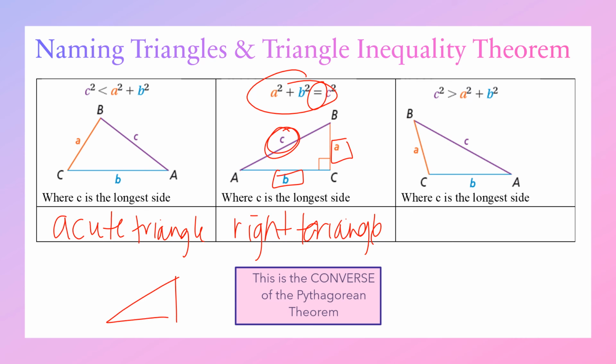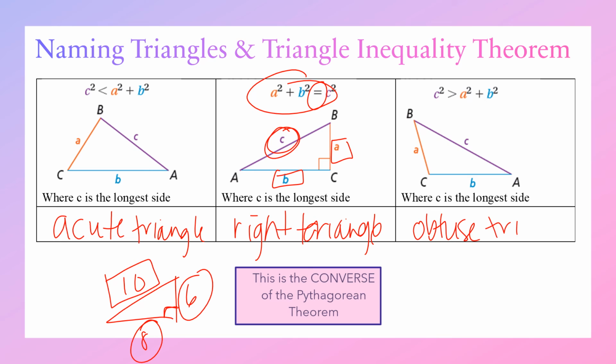So if you had this, and there wasn't a little right triangle symbol there, and you had 6, 8, and 10, this squared plus this squared adds up to this squared, which means this triangle is a right triangle. Where c squared is more than a squared plus b squared, it is an obtuse triangle. So one of your angles is obtuse, so it's greater than 90 degrees.